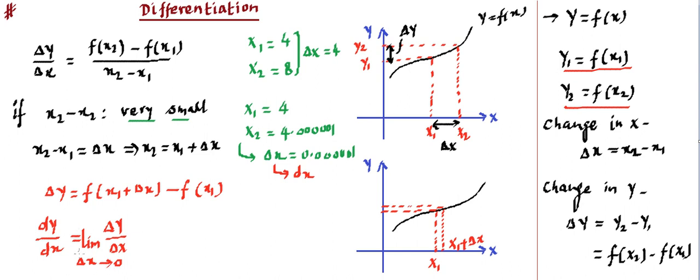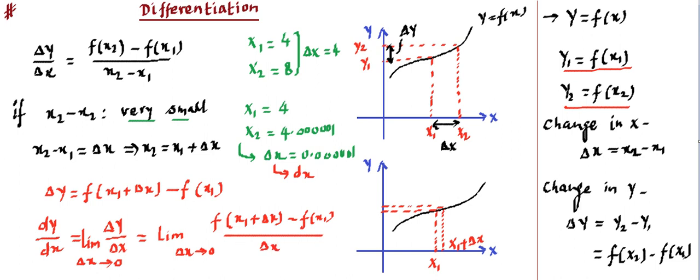So whenever we write lim, that's called limit, delta x tending to 0, delta y upon delta x, this expression is denoted by dy upon dx, and its value is going to be equal to the limit as delta x, which is very small, tends to 0, of delta y, which is f of x1 plus delta x minus f of x1, divided by delta x.